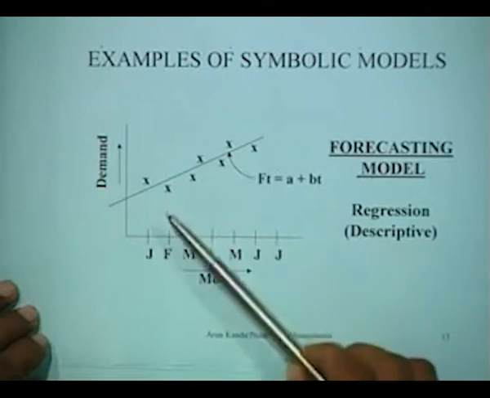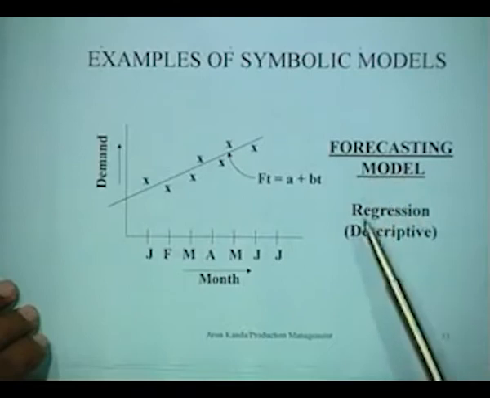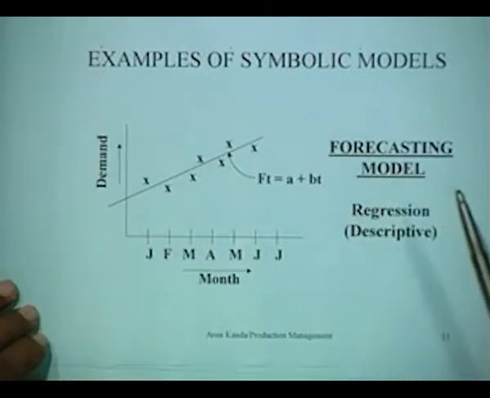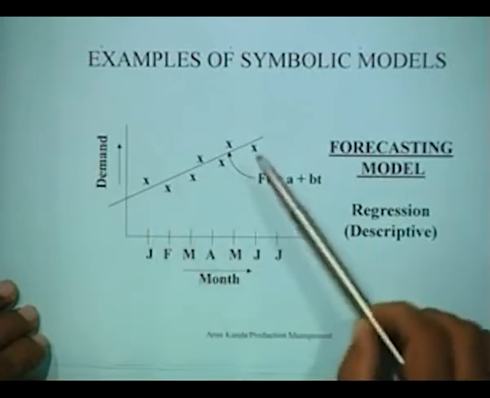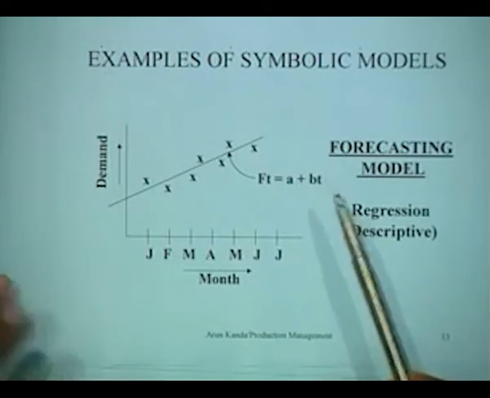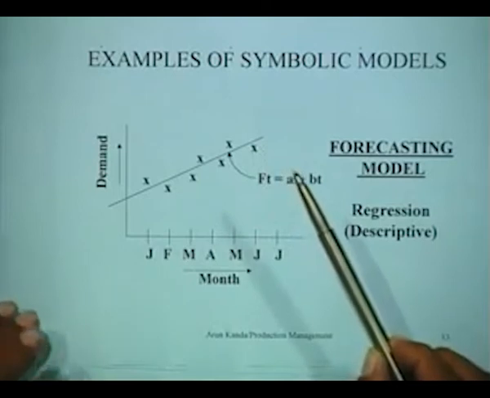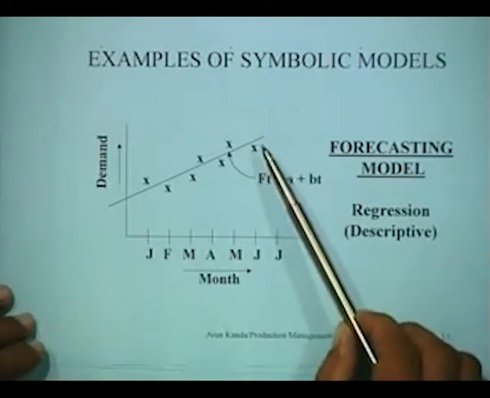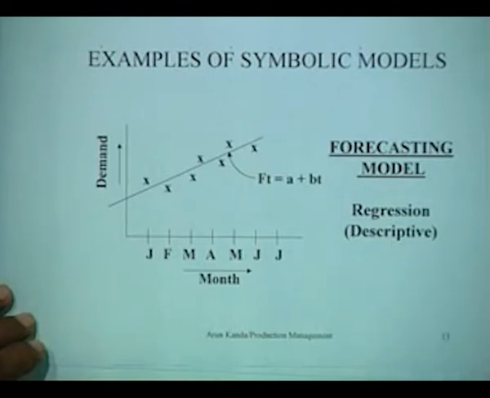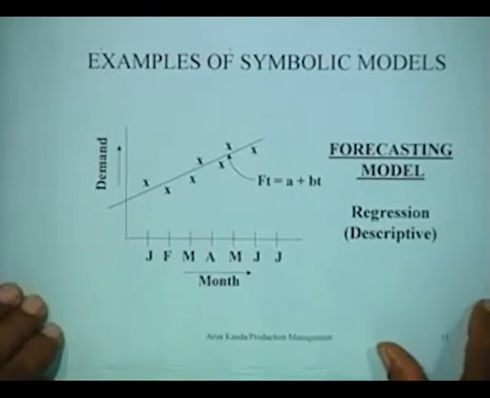One very simple example is using a regression model or a forecasting model of the regression type, which is essentially a descriptive model. So, you fit some function to this. It need not necessarily be only a linear function, it could be any function, and once you have fitted this function it behaves as a model which will tell you how much demand there would be for the future months, and depending upon the accuracy or the model validation process, you could rely on this information to take decisions pertaining to your production system.